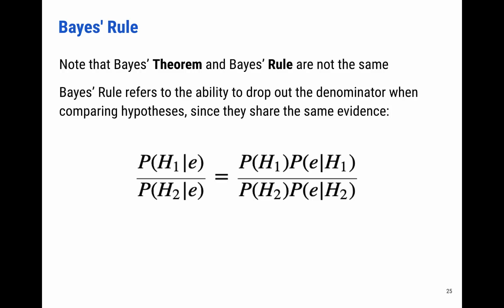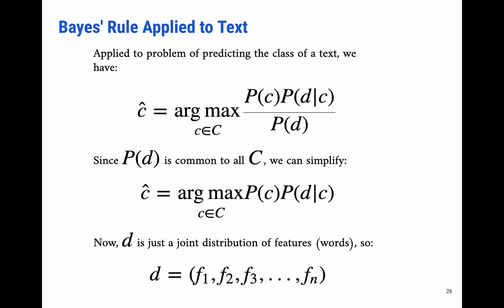But notice that we don't have to worry about the probability of E because it drops out, since both equations have it, and we're just looking at the ratio of the equations. And that's a nice, convenient fact that allows us to more quickly and easily compute Bayes' rule.